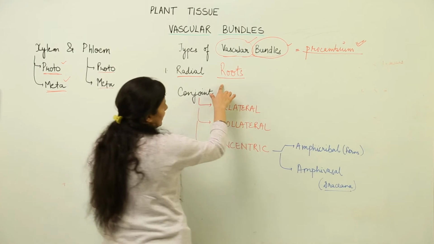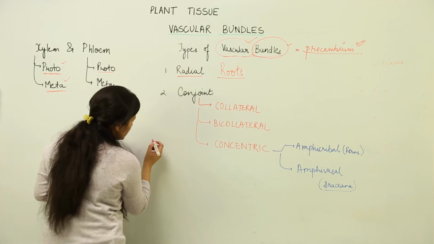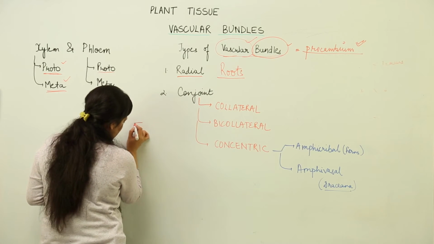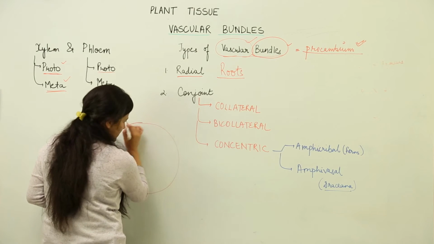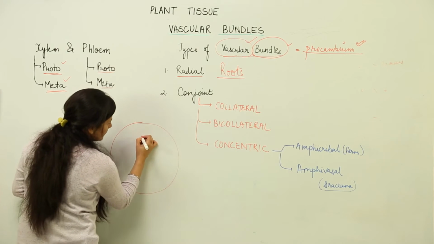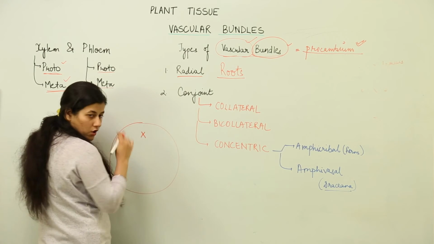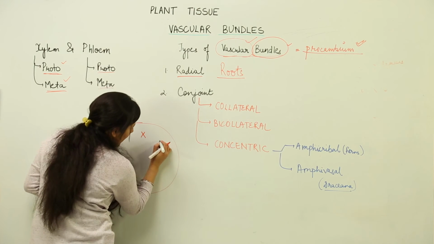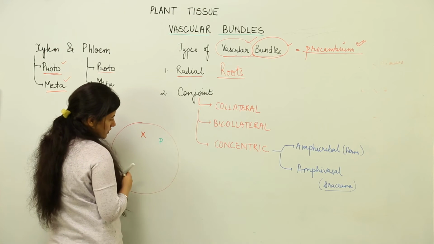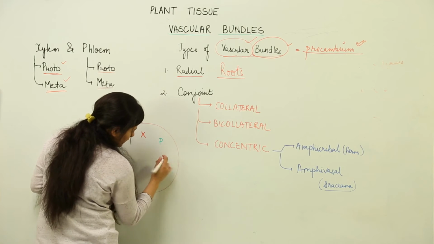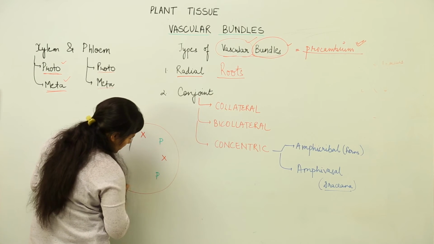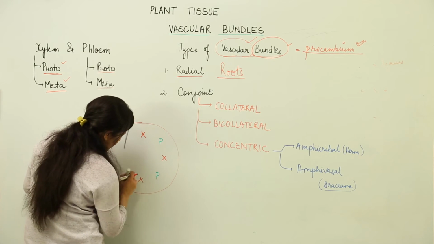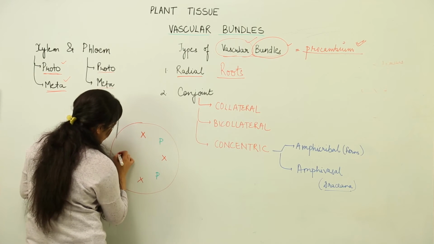When we talk about radial vascular bundle, supposedly this is the stem. The xylem is going to be present on a different radius and phloem on a different radius. Xylem over here, and alternatively they would be present on different radii.